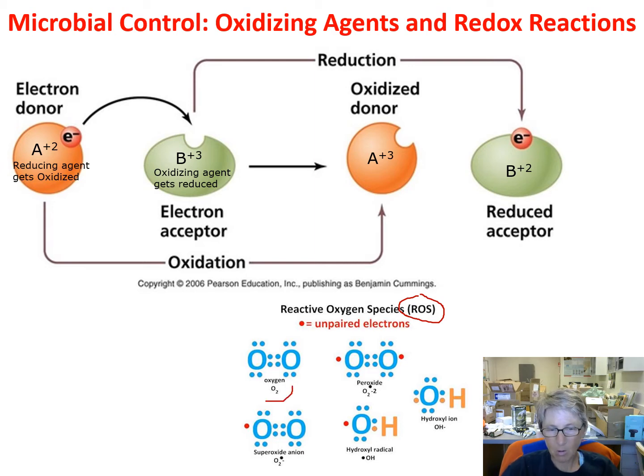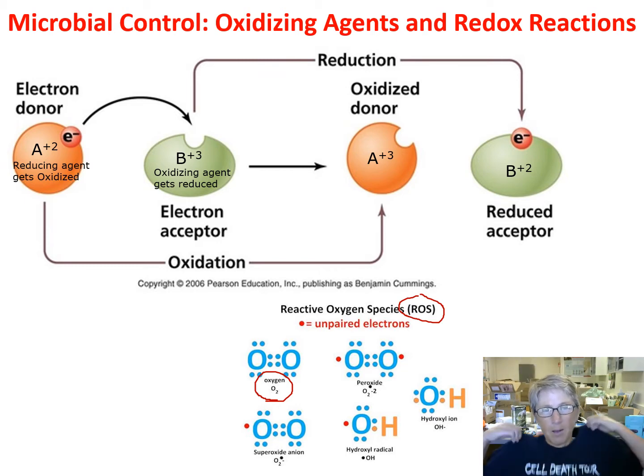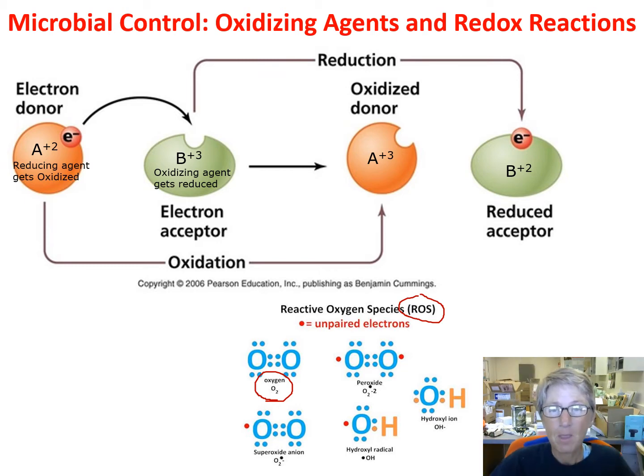So here's molecular oxygen from the atmosphere. That's fine. That doesn't have any unpaired electrons on it. But all these other reactive oxygen species have unpaired electrons. Unpaired electrons are dangerous because they can rip through things in your cells, including proteins and DNA, and cause a lot of trouble.